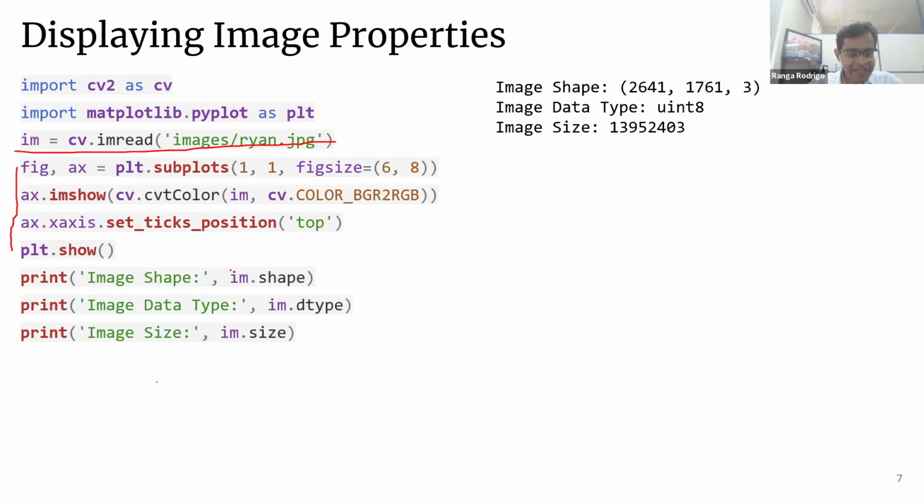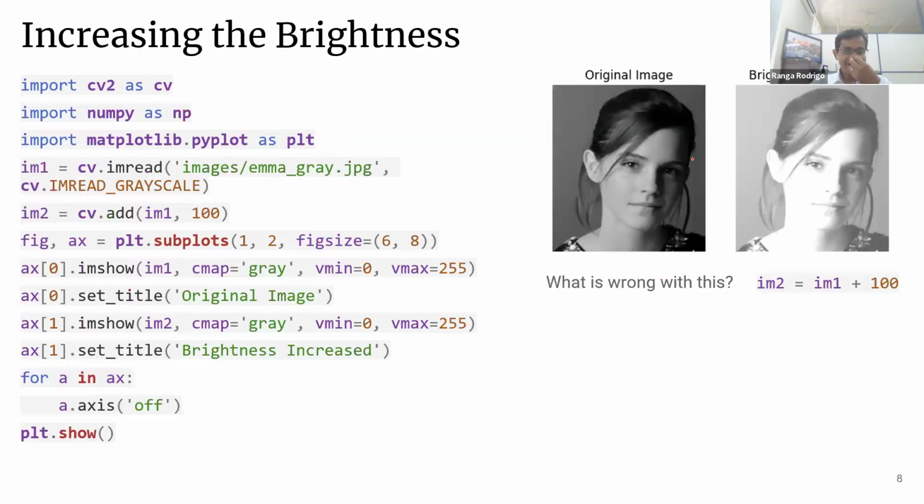And then we are displaying im.shape, which is 2641, 1061 times 3. It's a color image, of course. That's why you have these 3 here. And then the data type, uint8, and then the image size, a multiplication of all 3 numbers. So if you have any question, please ask me.